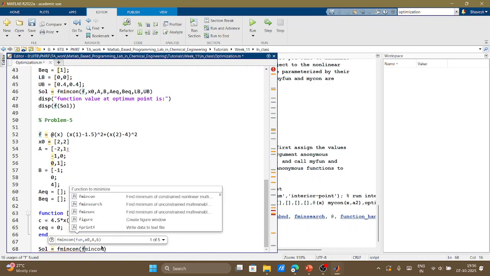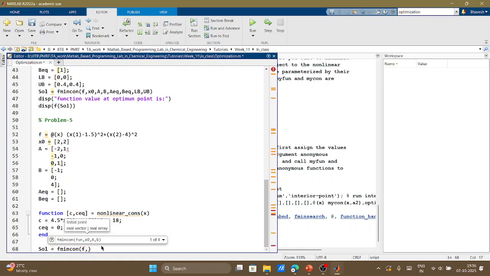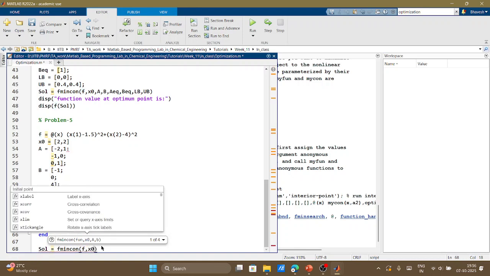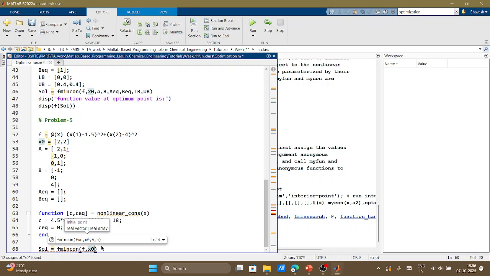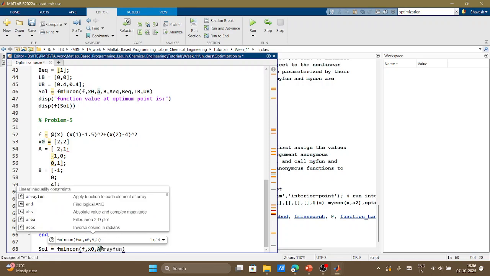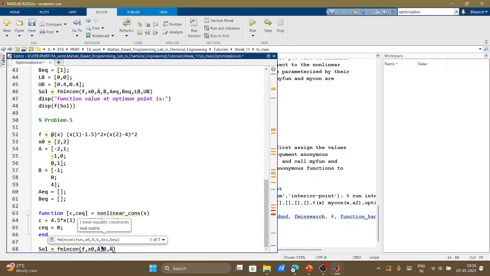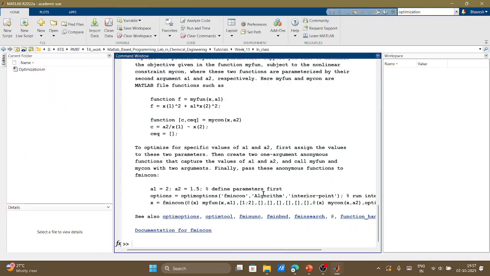Right? Now we can find the solution using fmincon. I have the function value, we have the x0 value, the A value, the B value, the A equality value, then the B equality value. For the lower and upper bound, since we don't have any, you can keep them blank here, like the case they have shown.